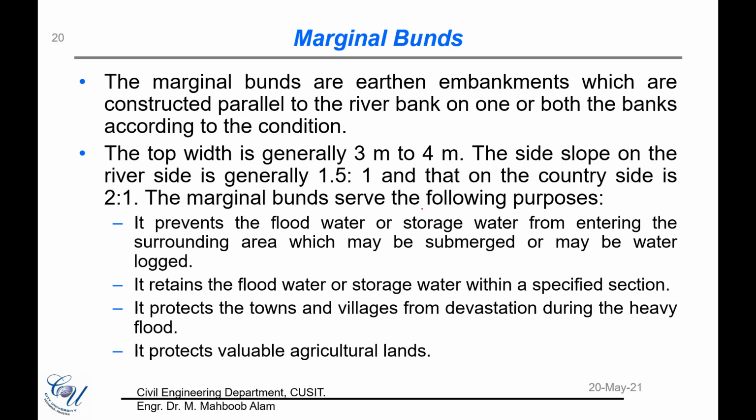These marginal bunds ensure that the water is within the boundaries of the river, which in turn ensures that the areas near the diversion headworks are not ponded with water, so that the agricultural land can be saved if there is any agriculture area nearby the diversion headwork. Also during the flooding season, these marginal bunds make sure that the areas are safe from the increasing water levels.